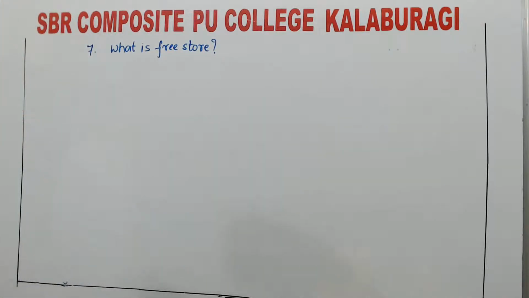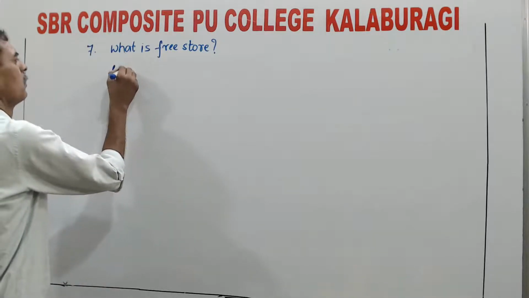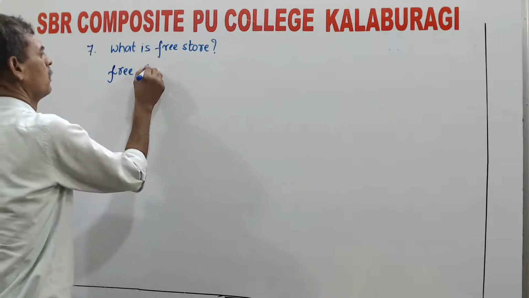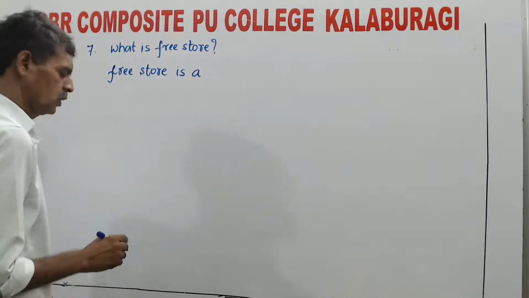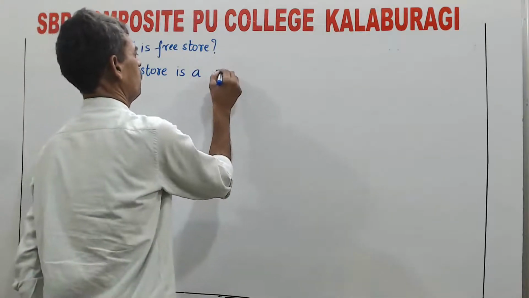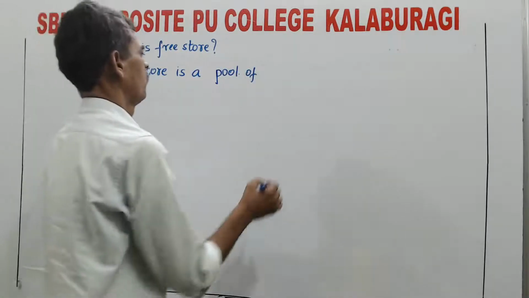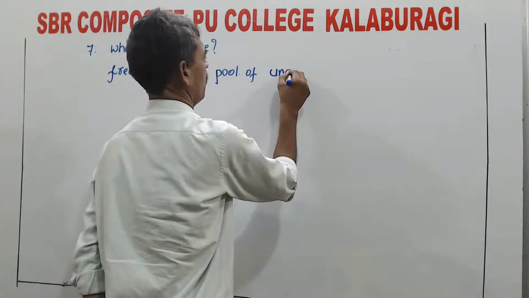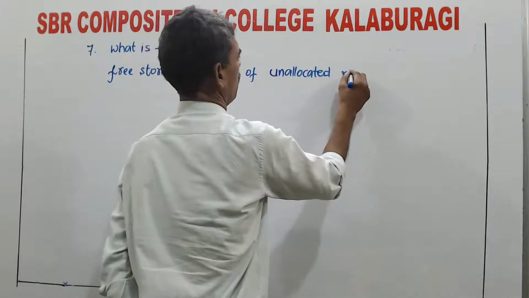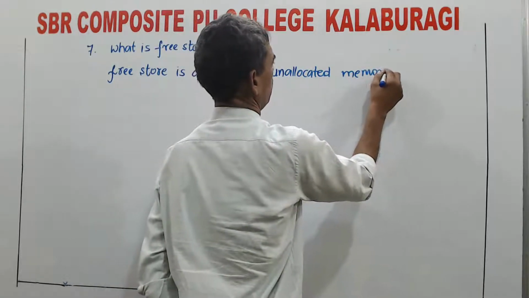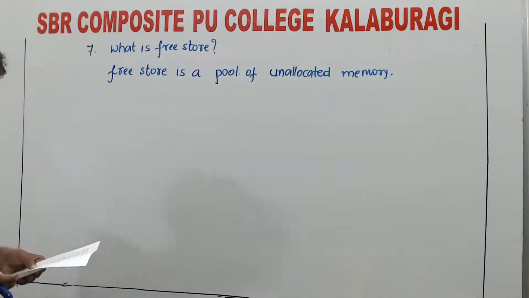Free store is a pool of unallocated memory. Right?